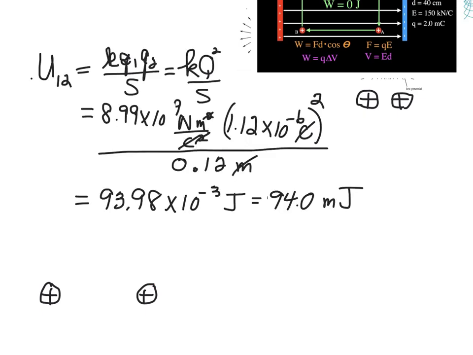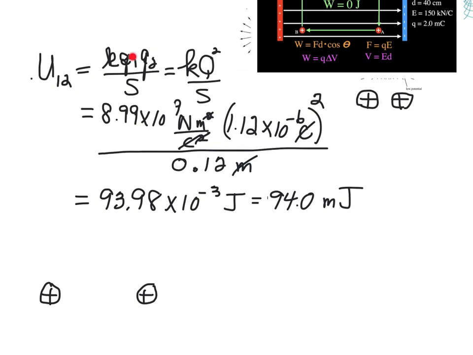So let's calculate that energy, and if we call this Q1 and this Q2, we can call this U12. So here's the calculation. There's our equation for the potential energy due to 2 point charges.